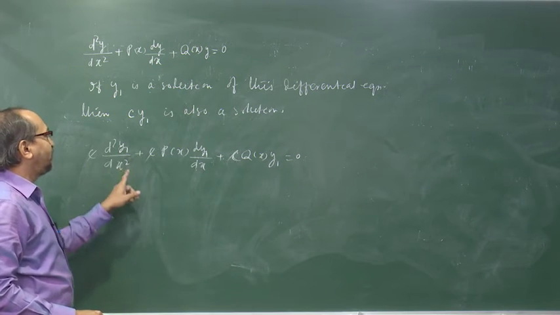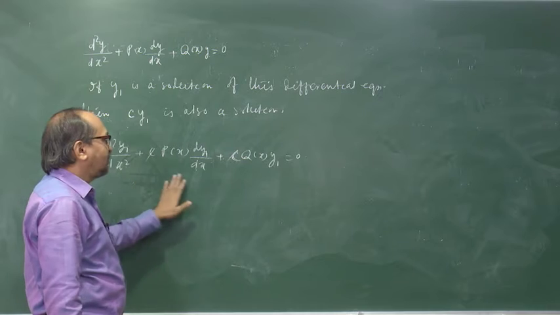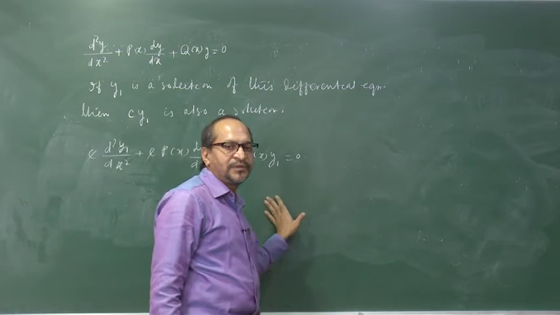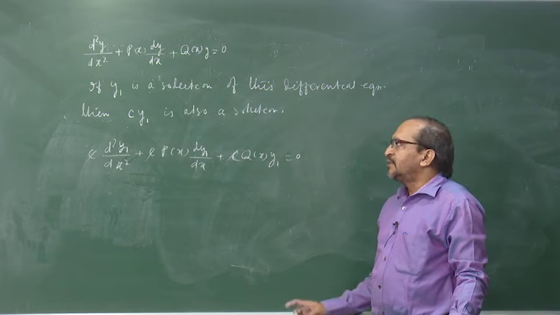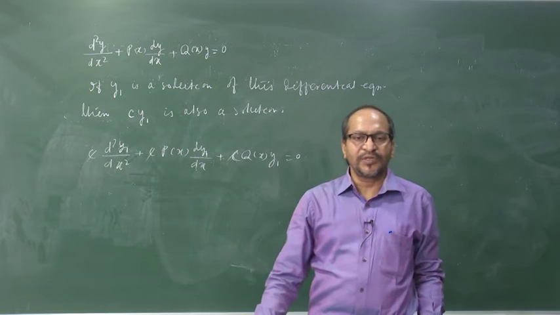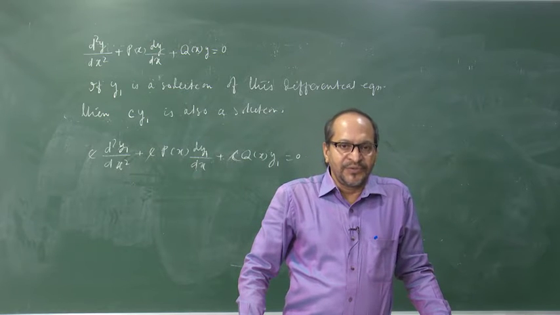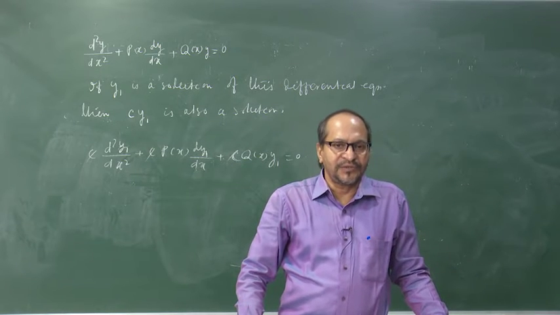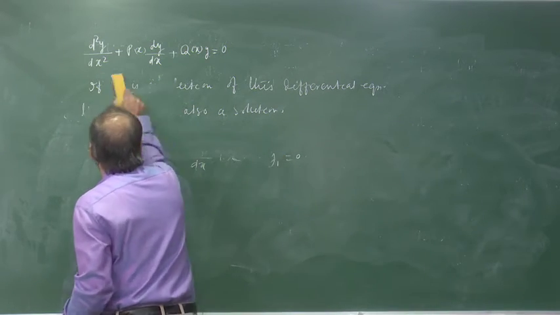As y1 is the solution, Cy1 also satisfies the identity. So, if y1 is a solution of the differential equation, then any arbitrary constant multiplied with the solution gives another solution.